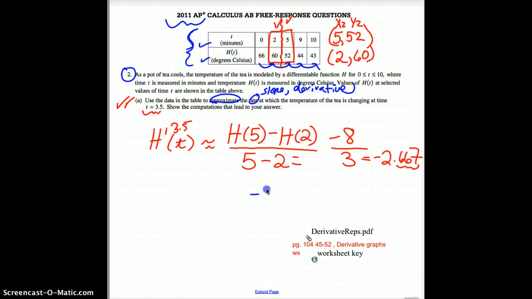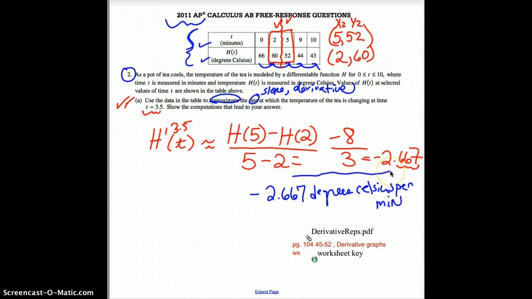And so it'd be about negative 2.667 degrees Celsius per minute. That's the average rate of change that I'm using to approximate the instantaneous rate of change.